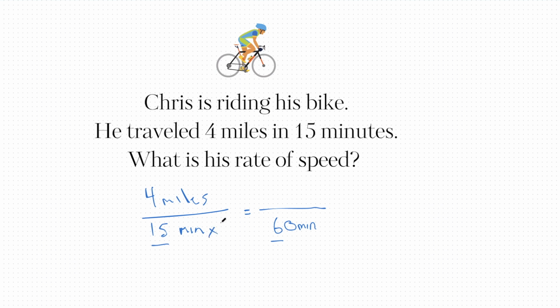What you're allowed to do with ratios is what I do here, I'm allowed to do up here. So 4 times 4 gives me 16 miles. So 16 miles over 60 minutes is the same ratio as 4 miles over 15 minutes, but this right here would be his rate of speed. He's going basically 16 miles an hour.